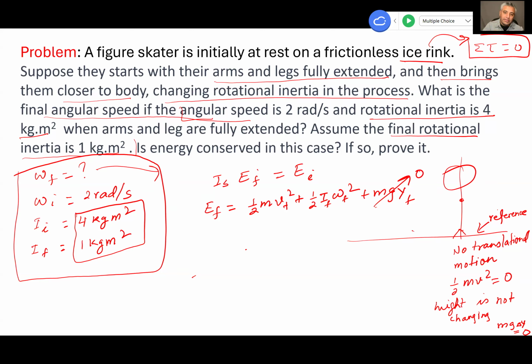So height before and after remains the same because the person is still on the ground. Let's say the person is not translating, doing this at the same place.